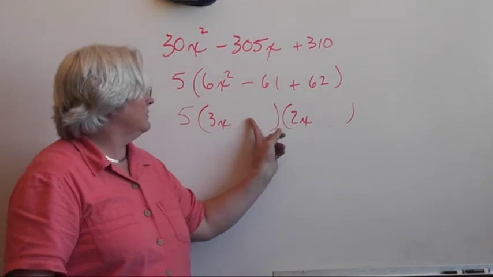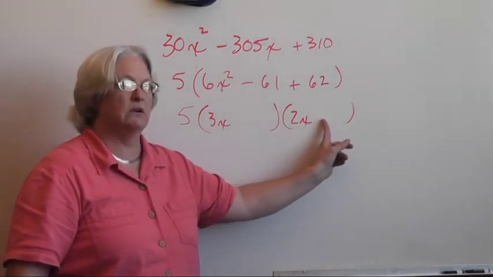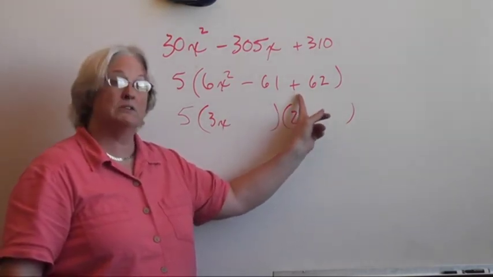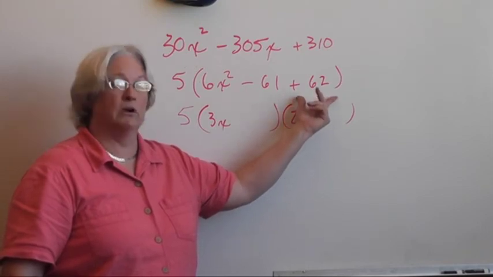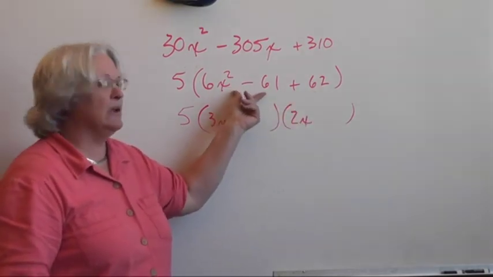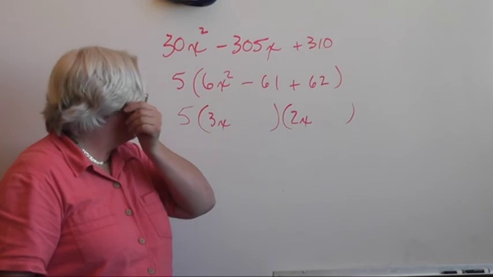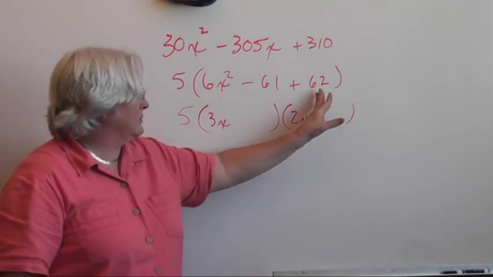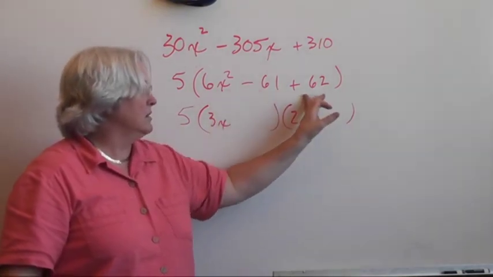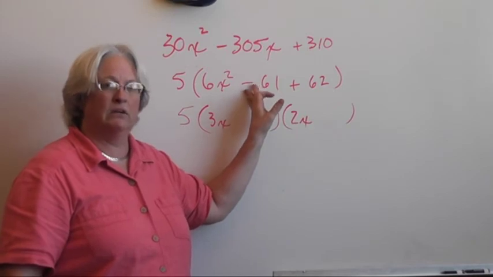Now, let's see, what am I going to do about these signs? We have a positive third term. We have a negative central term. What's the only way that we're going to be able to do this and still have a negative center term?